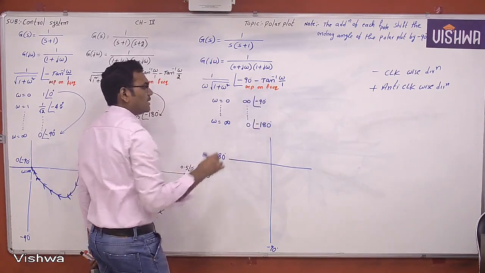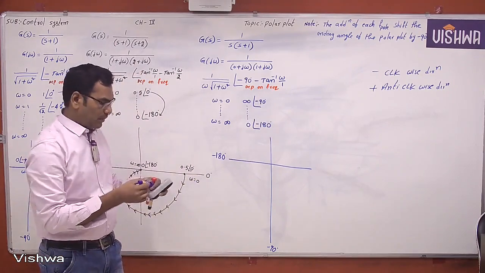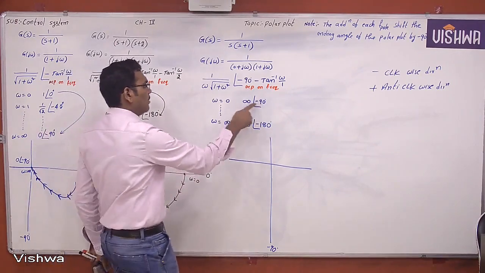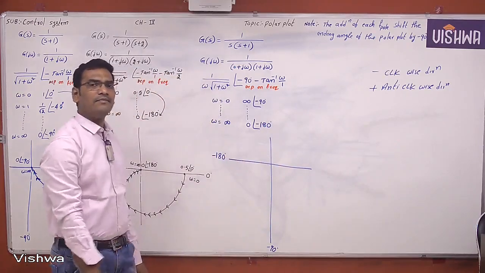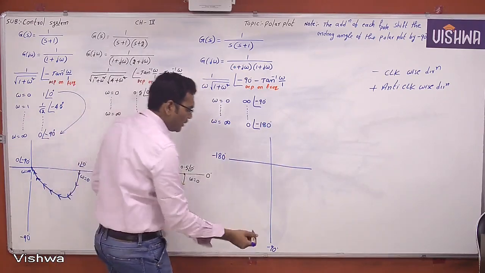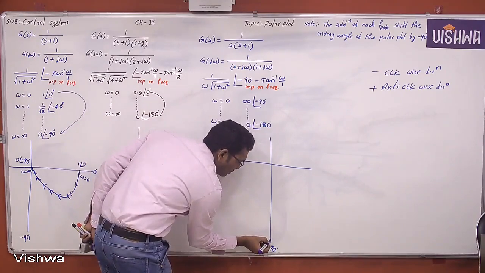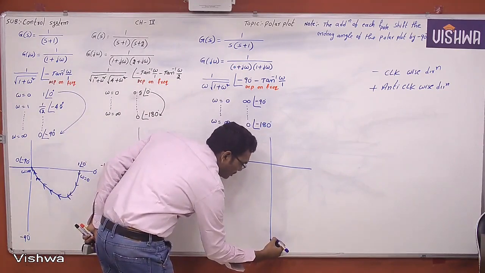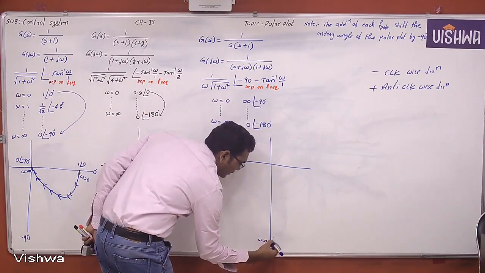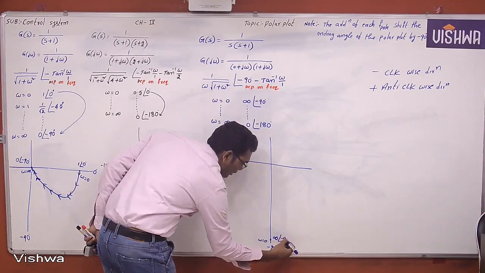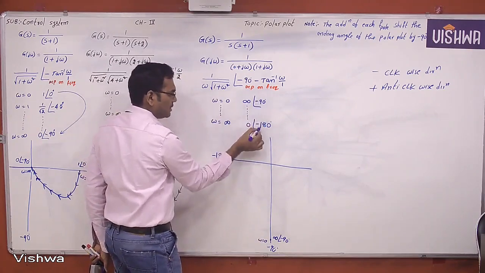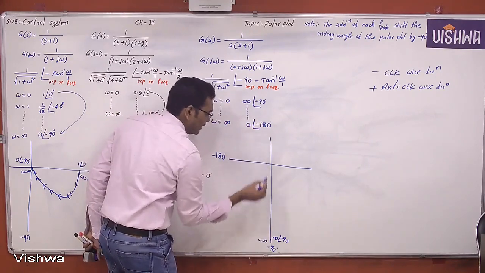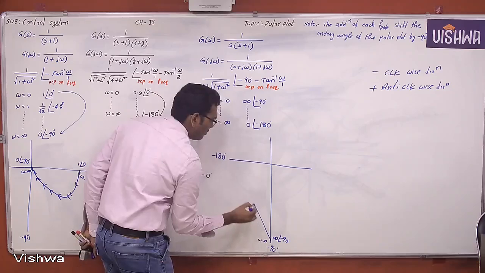So in minus 90 degrees, where is the magnitude? In minus 90 degrees the magnitude is infinity, so somewhere around here. This is when omega equals 0, infinite at an angle of minus 90 degrees. Now your journey starts at minus 90 degrees and goes to minus 180 degrees. Not the shortest path, it is a long path.